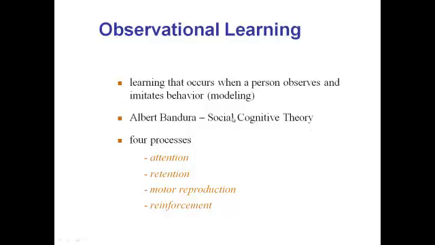Albert Bandura is the founder of social cognitive theory when it comes to talking about learning, and he's made a huge contribution to this study of learning. According to Bandura, there are 4 processes of observational learning: attention, retention, motor reproduction, and reinforcement.